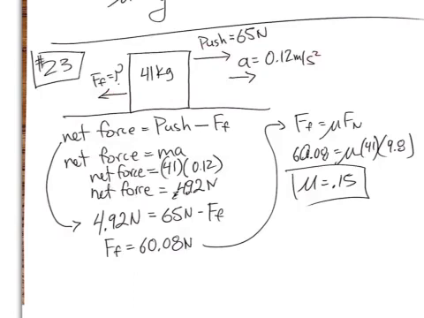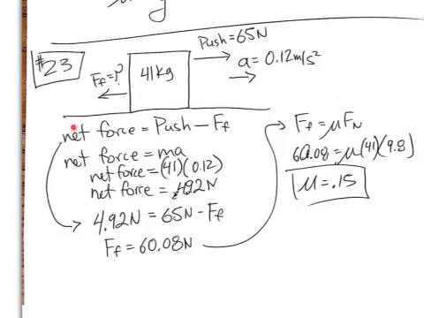If it were moving at constant velocity, then the sum of the forces would be 0. But it is not. It is accelerating, meaning there is some net force. Okay. So, what does that mean for us?